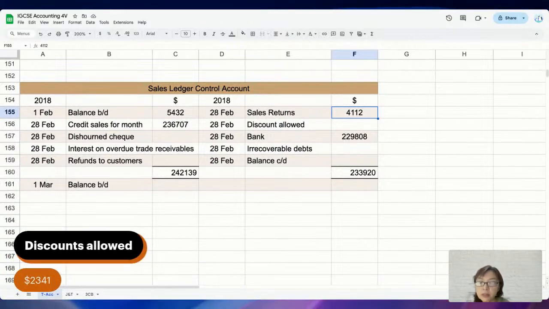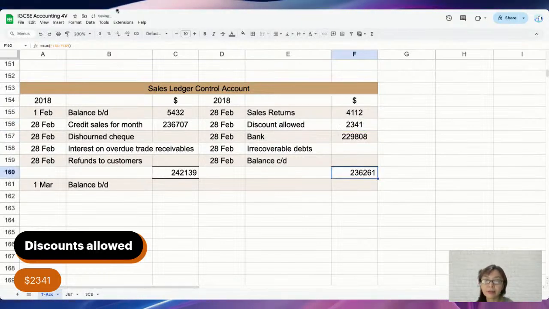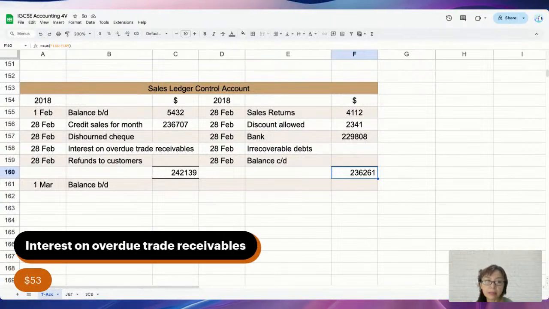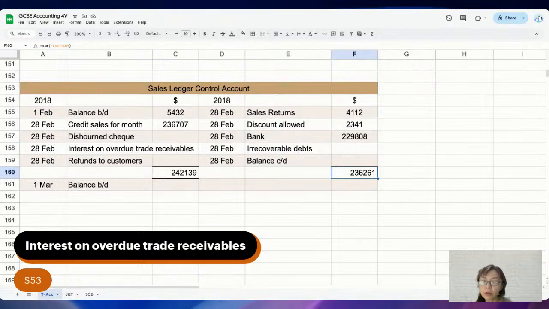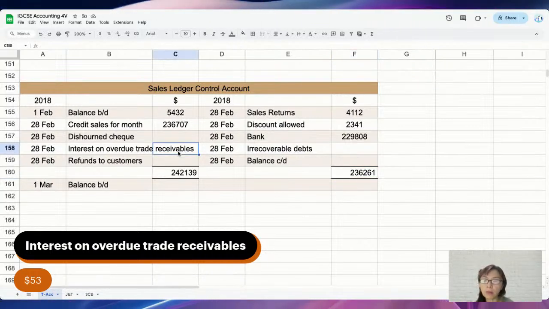Next, discount. How much is the discount allowed? 2341. Quite easy, right? And then next is interest on overdue trade receivables. So you can charge interest to your customer, 53 only. Interest is an increase.